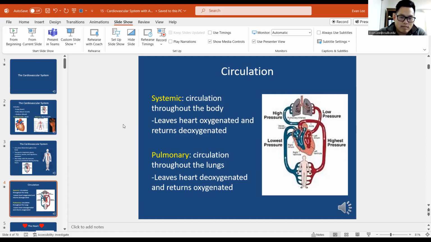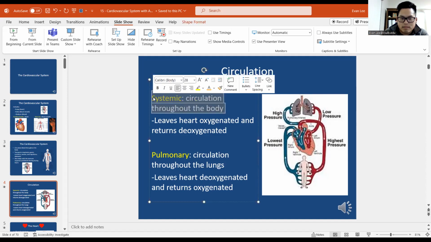This is the side that's going to bring oxygenated blood to most of the body's tissues, things that generally need oxygen. So you'll have blood vessels going throughout all of your living tissues, your brain, your abdomen, your lower and upper extremities, and that's your systemic circulatory system.